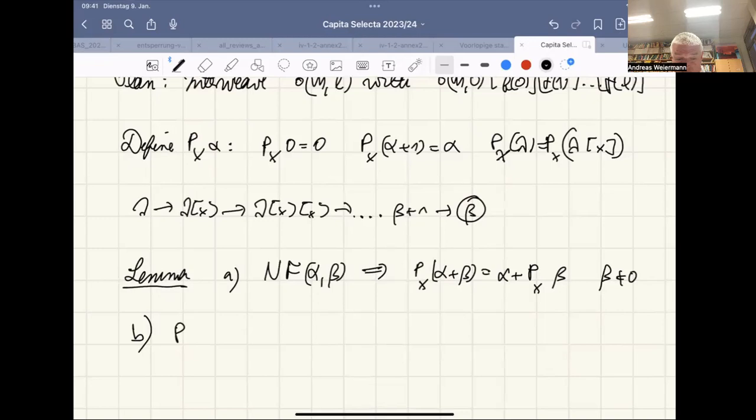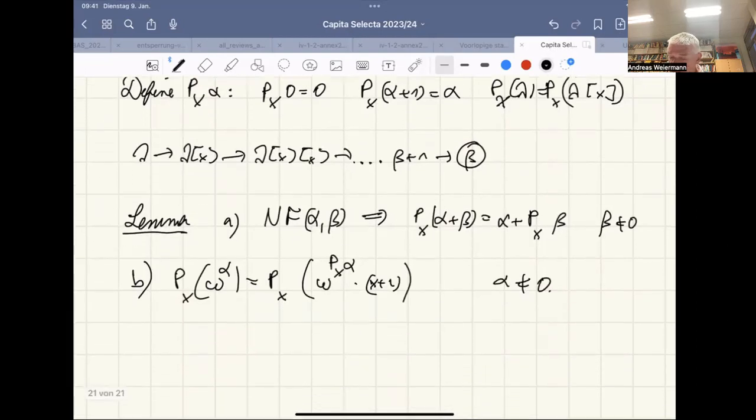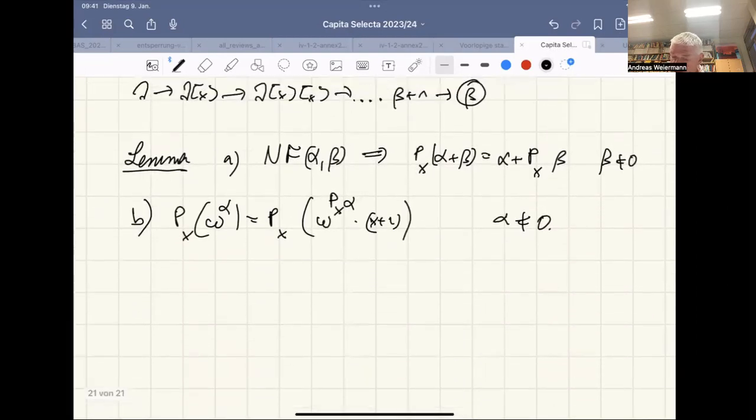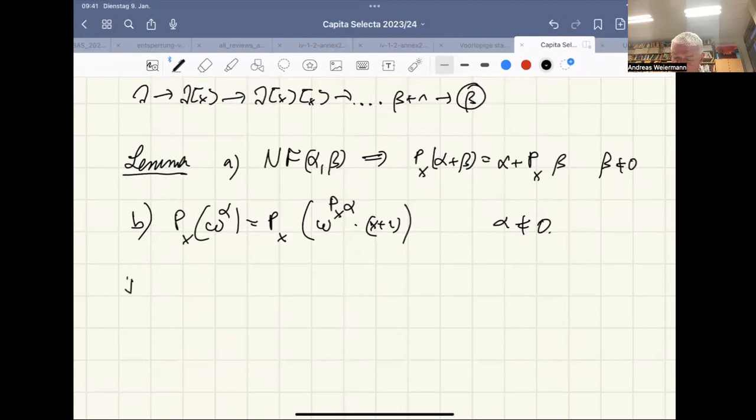What is the predecessor of omega to the alpha? The x predecessor of omega to the alpha is the x predecessor of what? Take omega to the predecessor of alpha times x plus 1. And from this number, the predecessor. This works for alpha different from 0. Now, this looks a bit strange, but both of them are easy to prove.